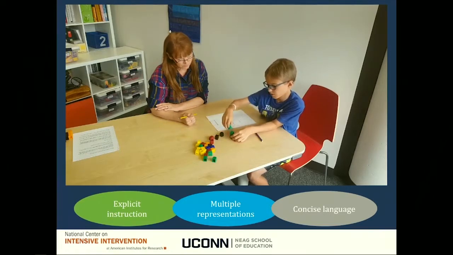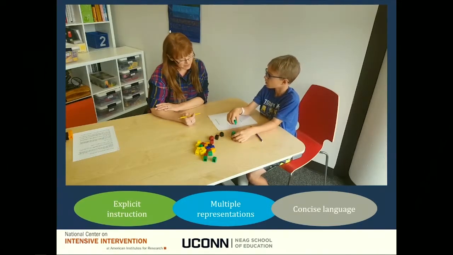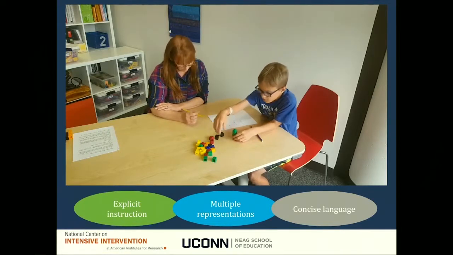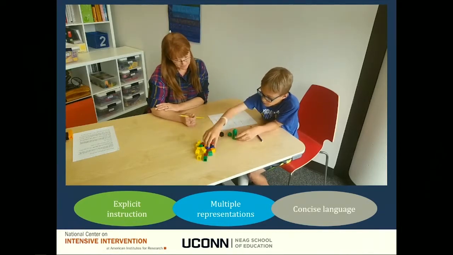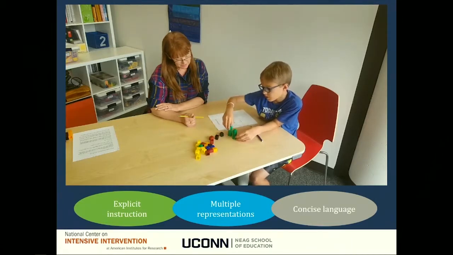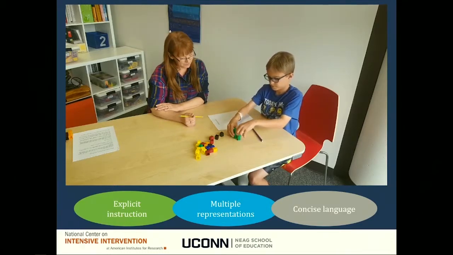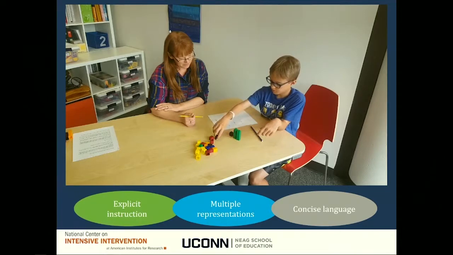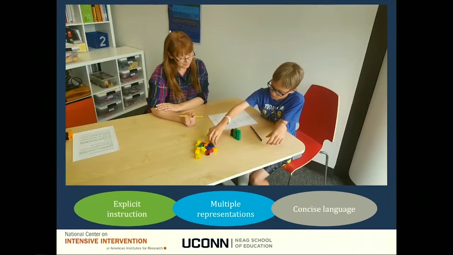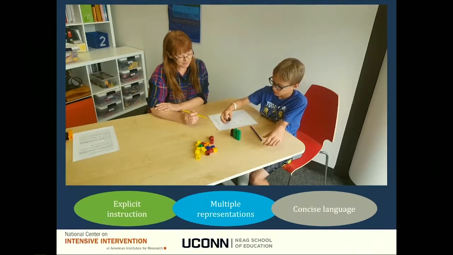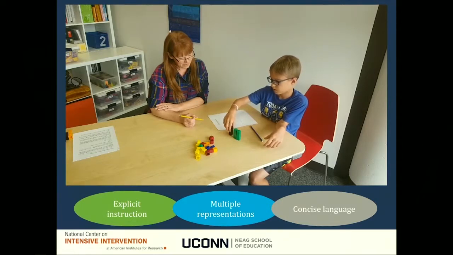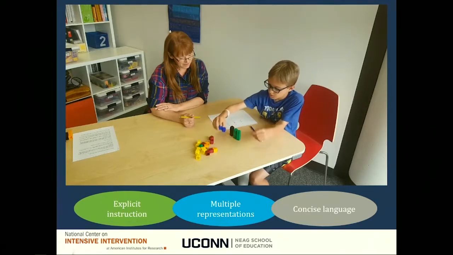Can you make groups of 3? There's one group of 3. How many groups of 3 do you need to make? 4. That's one group of 3. Awesome. 2 groups of 3. 3 groups of 3.